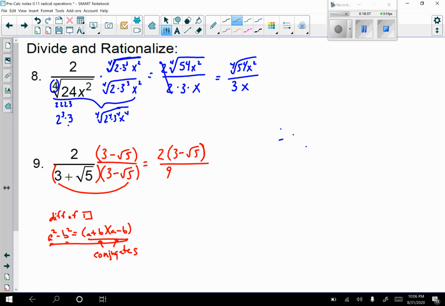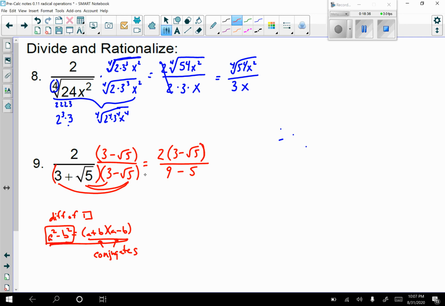The outside and the inside cancel each other out, plus and minus 3 root 5. And then the last one is root 5 and root 5, which is 5, and they're always opposites, will always be subtraction. It's going to be square the first minus square the second. That's backwards from the difference of squares pattern. So that's a quick way to always get that. You should be able to multiply conjugates pretty quickly.